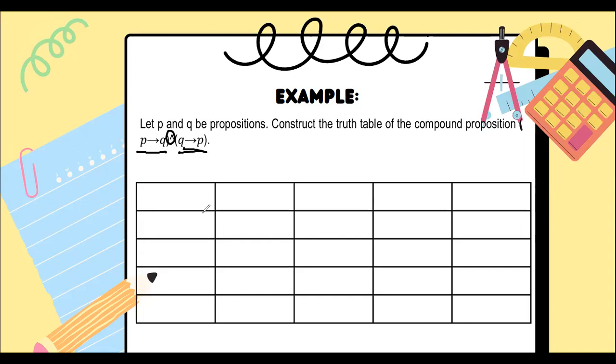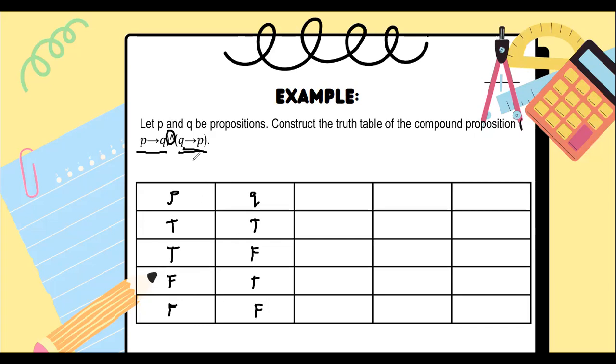So first, we have proposition P and proposition Q. Let us write the combinations for this: true, true, true, false, false, true, and last we have false and false.